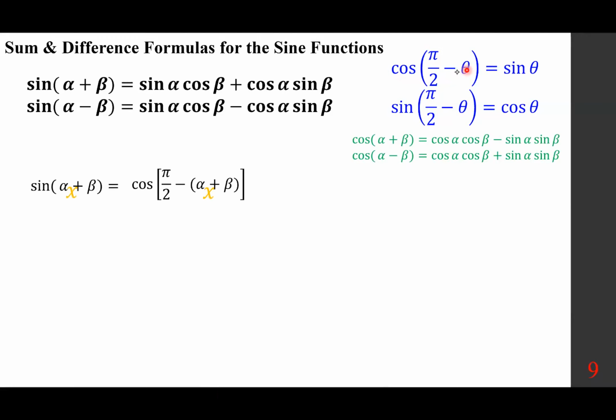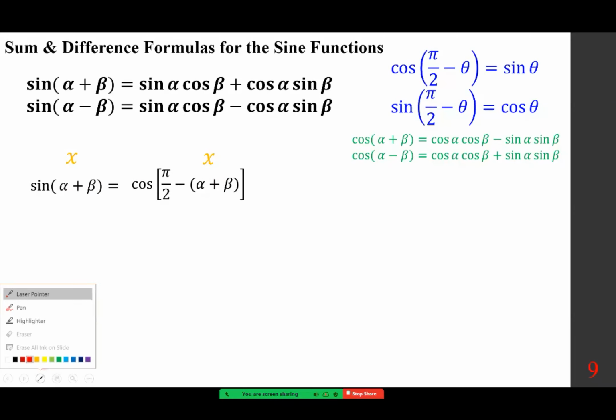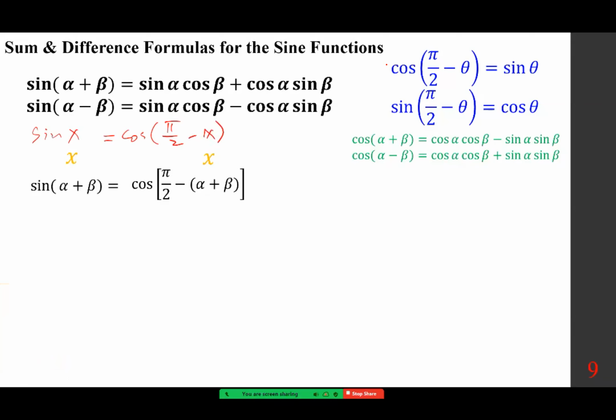So you let this alpha plus beta be x, and according to this formula, look at this formula, pi over 2 minus theta is sine theta. So sine x is cosine of pi over 2 minus x according to this formula we established.